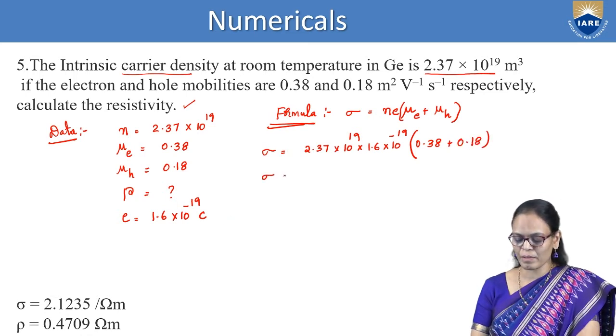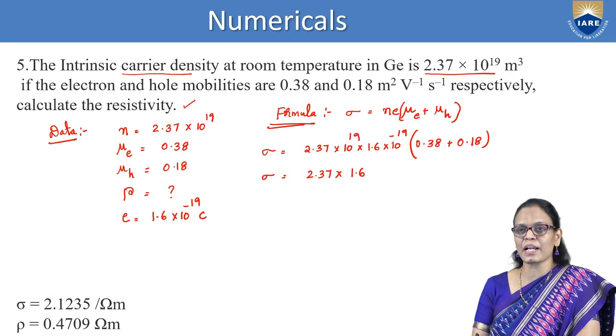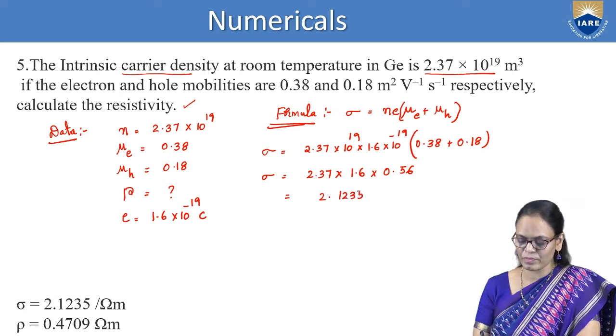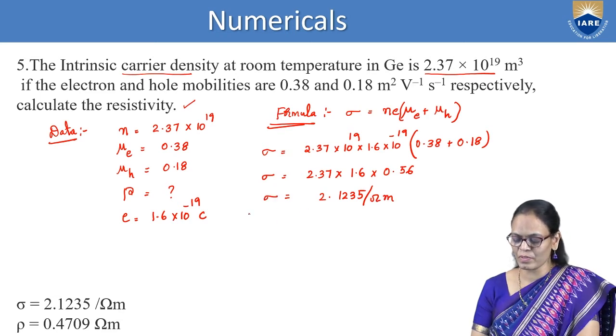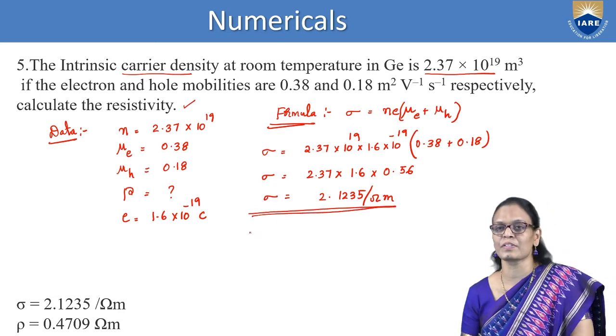So we can write sigma as 2.37 into 1.6, 10 power plus 19, 10 power minus 19, 10 power 0 is 1. So here we have 0.56. So this gives us 2.1235 ohm meter. This is the value of sigma, that is conductivity.